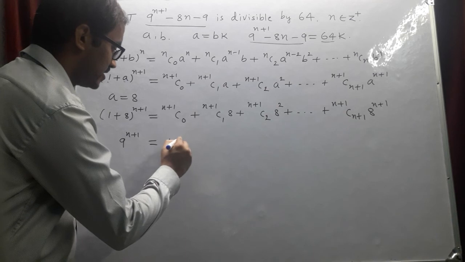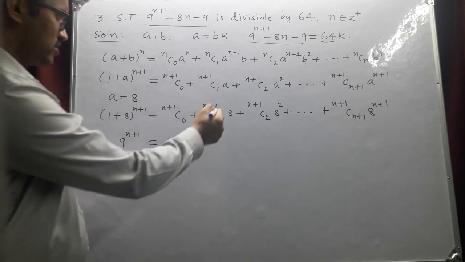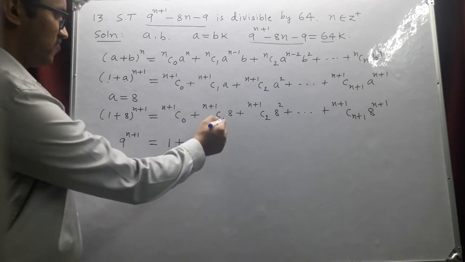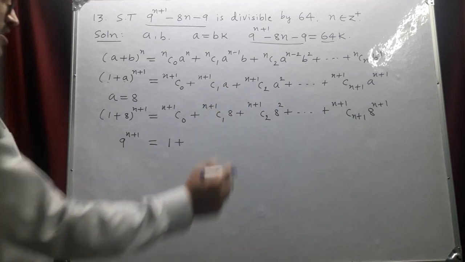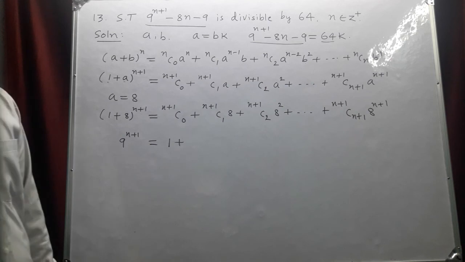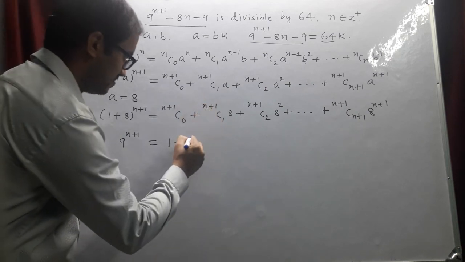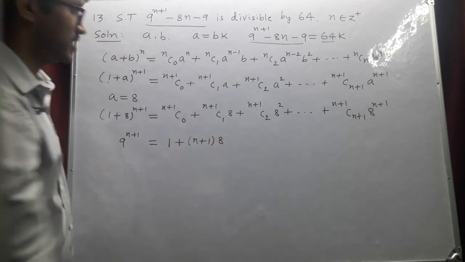Plus (n+1)C1, which is (n+1)! / (1! (n+1-1)!), that is (n+1)! / n!. The n! cancels, so this value becomes n + 1, into 8.